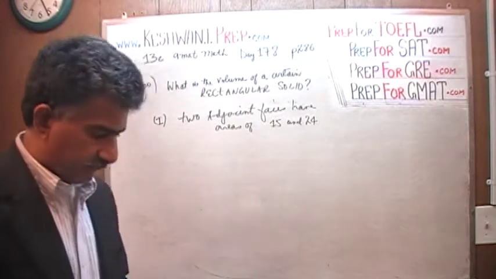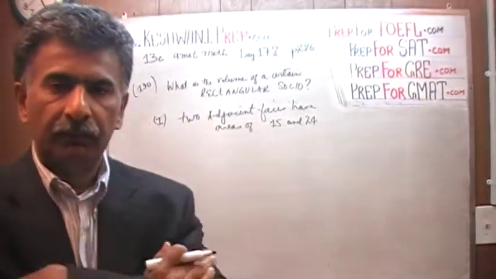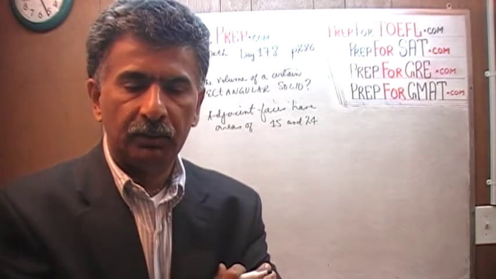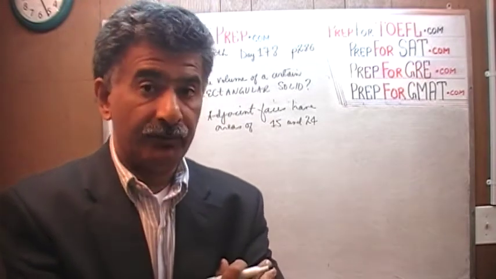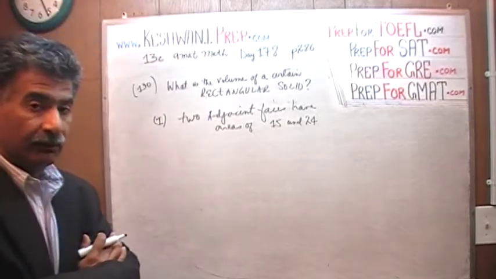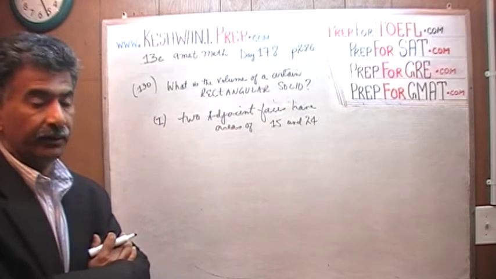The question is, is there enough information there for us to ascertain the volume of this rectangular solid? The answer, unfortunately, is no, because if they had told us the area of three faces, that would have been a different story.